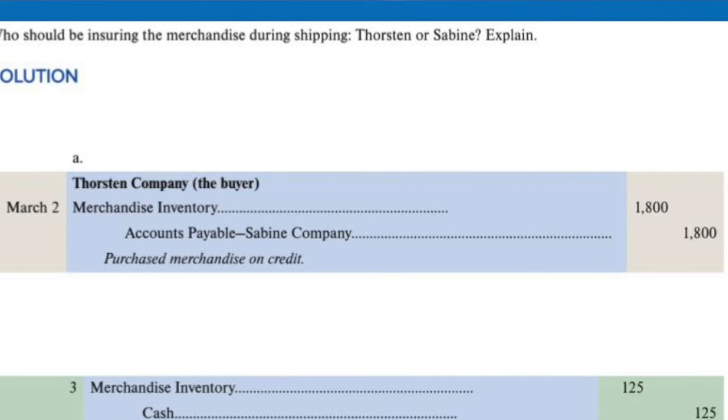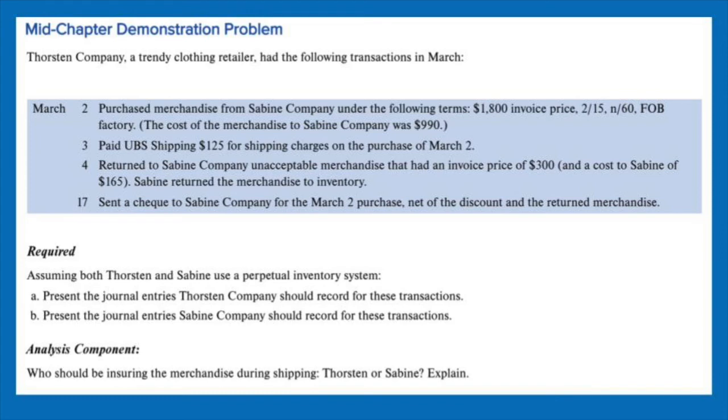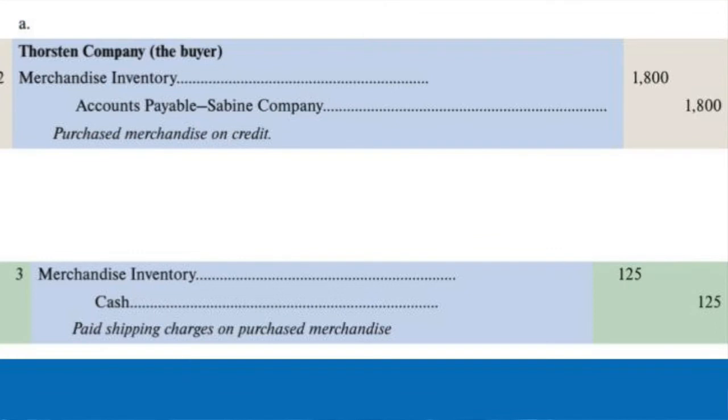So merchandise inventory goes up by $1,800, accounts payable goes up by $1,800. So debit merchandise inventory, credit accounts payable. Then there was a shipping charge for $125. So we'd again debit merchandise inventory for $125, and let's assume we paid cash $125.